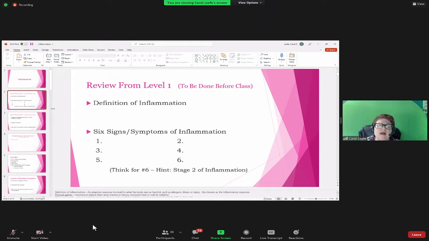Make sure that the cast is not constricting the blood flow, because if there's too much edema, okay, it's got what? A finite amount of space that it can swell against as far as the cast goes, right?